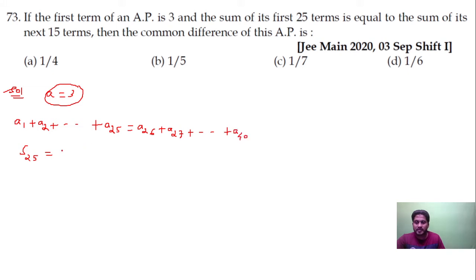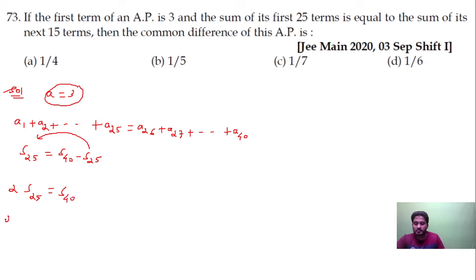Okay, now this can be written as S40 minus S25. Take the first 40 terms and subtract first 25 terms, you get 26 to 40 term. You shift on the left side, you get 2 into S25, okay, is equal to S40.